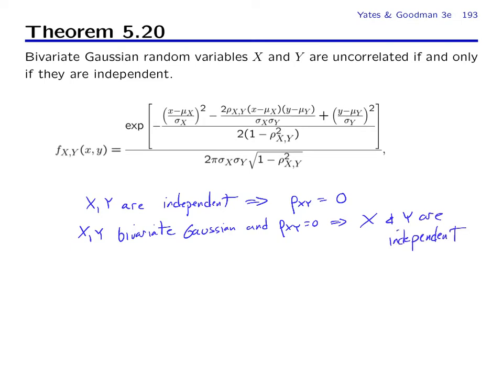In fact, we showed this when we introduced the bivariate Gaussian PDF. We did the special case just a few slides ago where we said rho is 0, and we watched this term fall out, and this disappeared, and this disappeared. And we saw that what was left was the product of Gaussian PDFs.